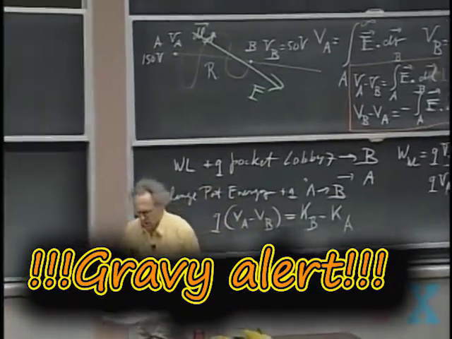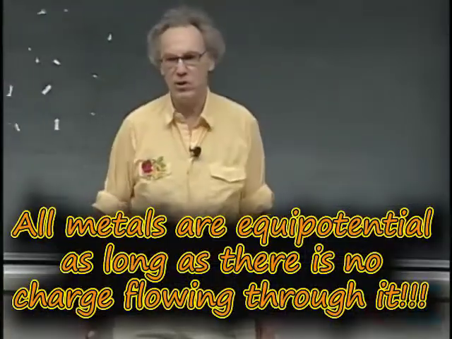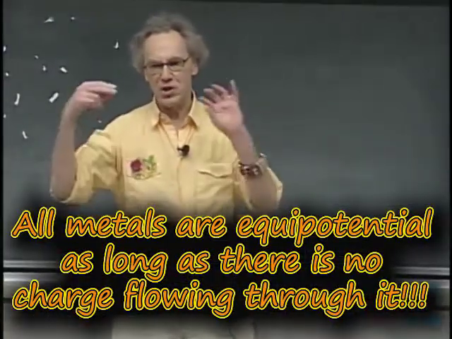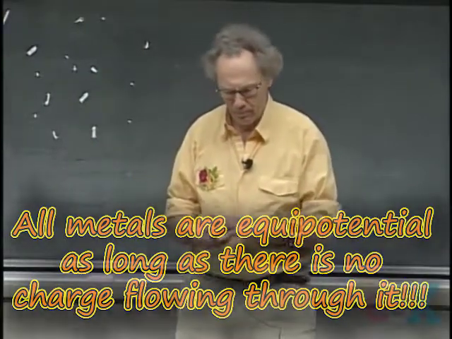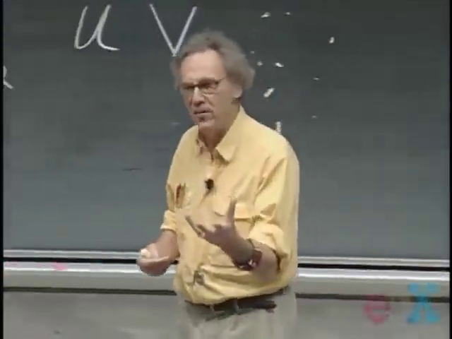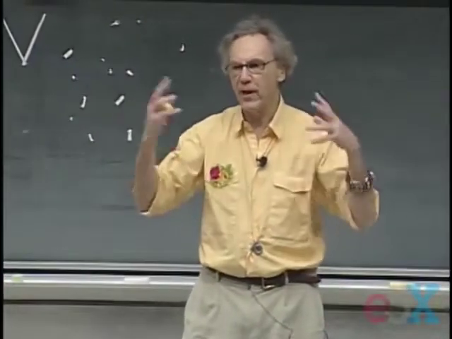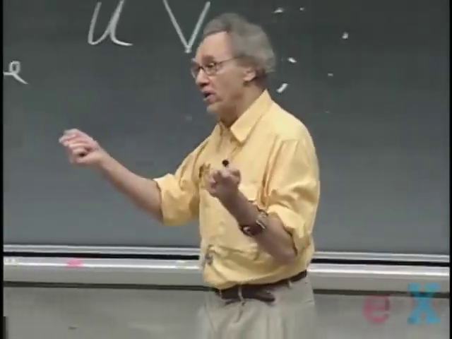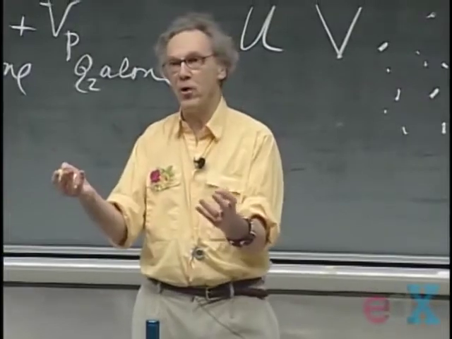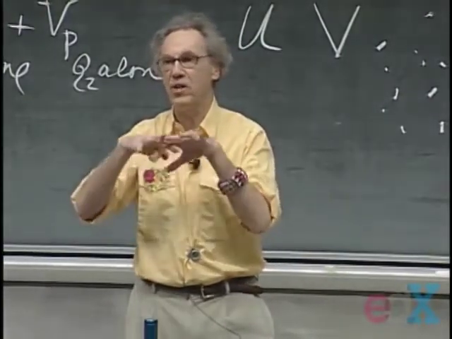Now, any piece of metal, no matter how crummy or dented it is, is an equipotential, as long as there is no charge moving inside the metal. And that's obvious that it's an equipotential, because these charges inside the metal, these electrons, when they experience an electric field, they begin to move immediately in the electric field, and they will move until there is no force on them anymore, and that means they have effectively made the electric field zero.